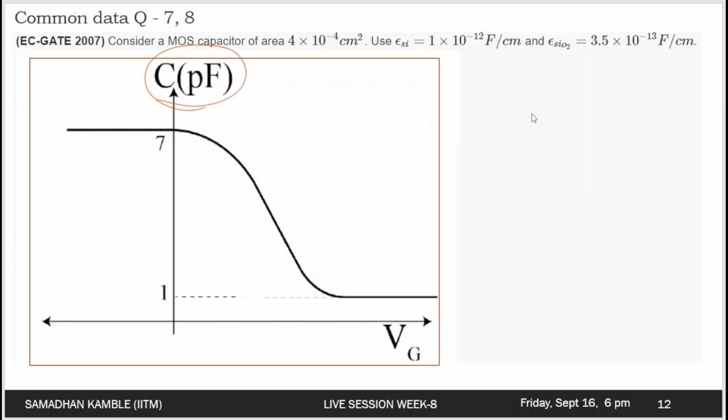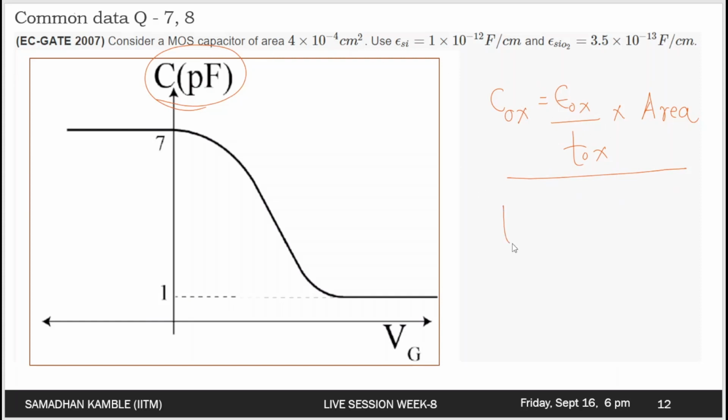So we know that the capacitance for the oxide case is the oxide dielectric constant divided by the thickness of the oxide. Now it is given in the picofarad and not in the picofarad per area, so we need to multiply it by the area of the capacitor. So we'll get, this is the correct relation. So using this relation we can just find out the thickness.